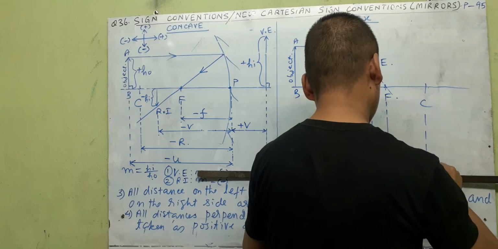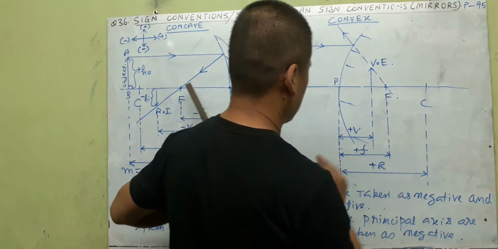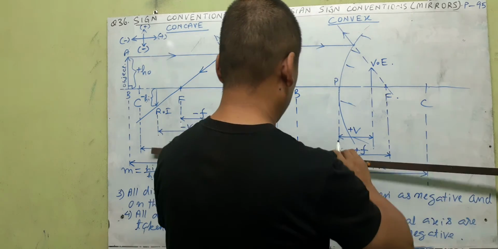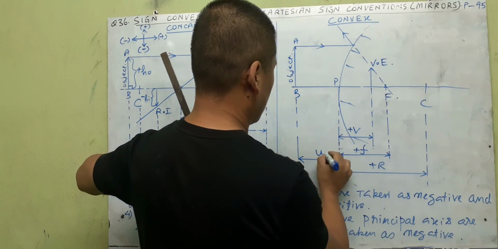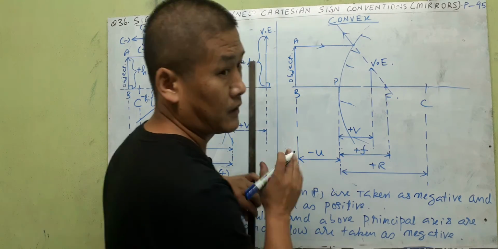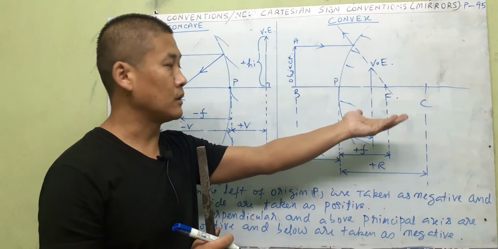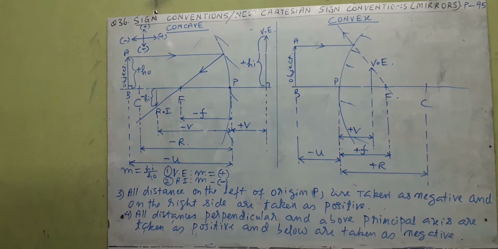Clearly we can see it is measured on the right side, so this radius of curvature will also be plus. And the distance of the object from the mirror P is called the object distance U. It is always on the left, whether concave or convex. We cannot put the object behind the mirror, that way we won't get an image. Always in front, that's why it's minus. Okay, left side. So these are the only ones.